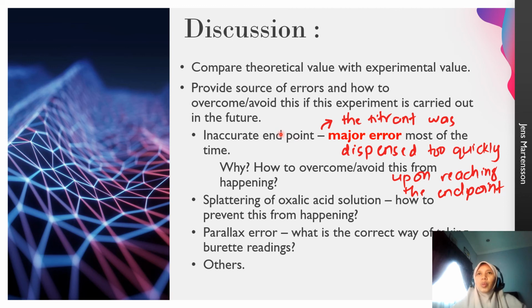So one example will be something like: the experimental molarity of NaOH obtained was 0.1980 molar, which is slightly lower than the theoretical value, which is 0.2000 molar. That is one example.